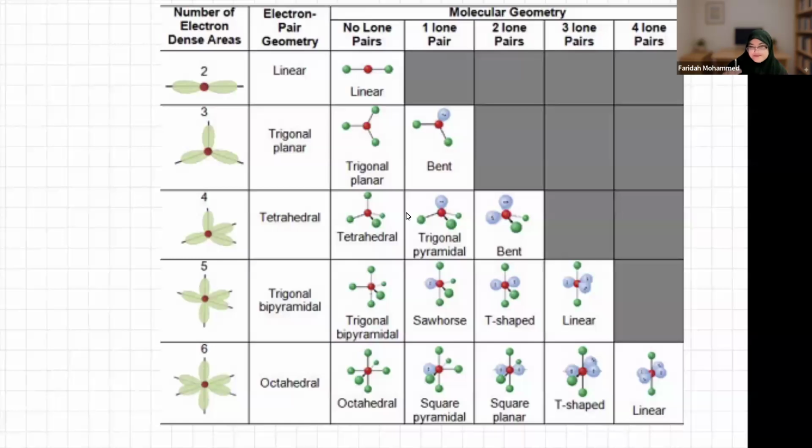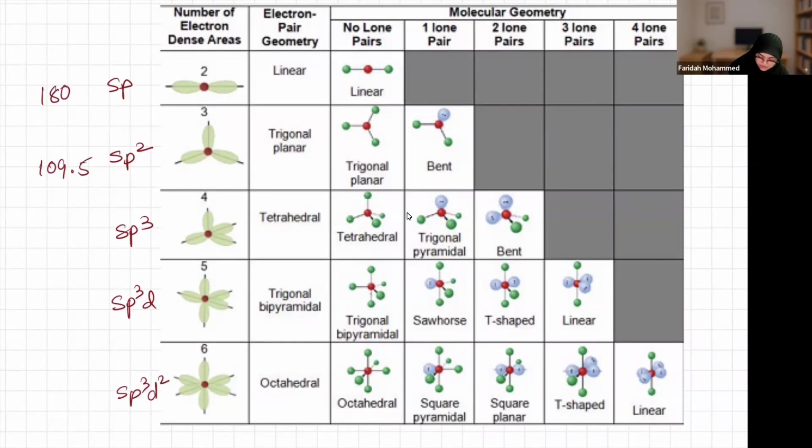Also, on top of this, you want to memorize this. This is SP, SP2, SP3, SP3D. You are not going to be asked SP3D and SP3D2, but I'm just going to give it here. It would be 180, 109.5.